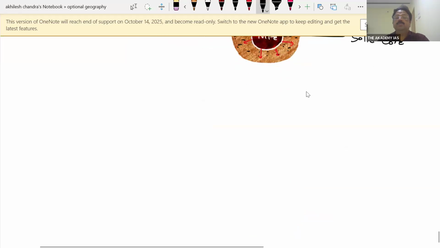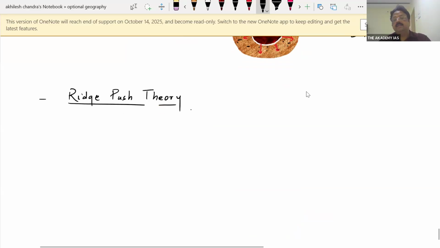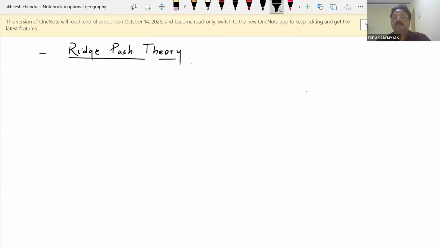Another theory which supports endogenic force is called the ridge-push theory. And in ridge-push theory, you can easily understand how this movement of crust is taking place.